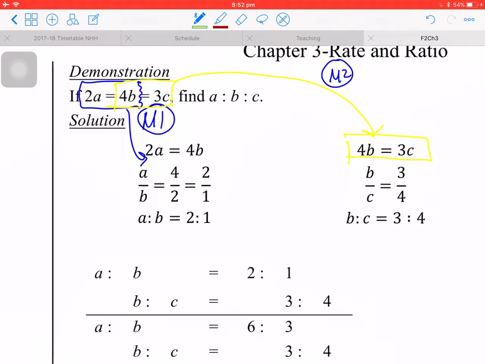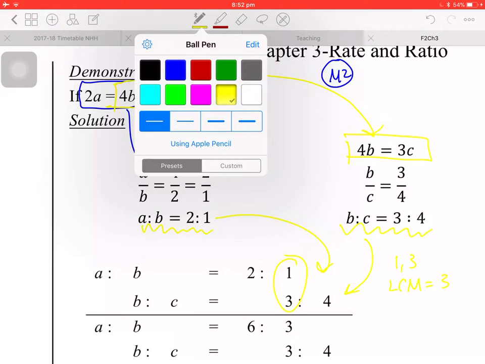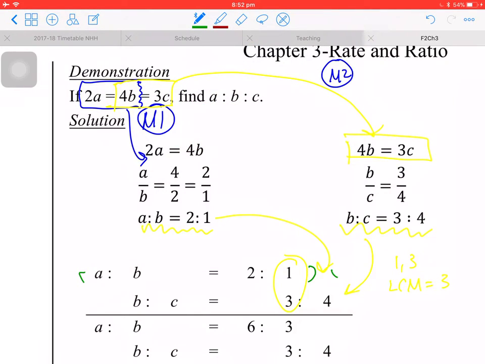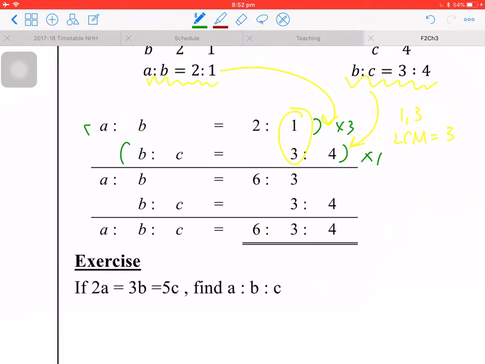So you have A to B and B to C. You draw the table like this, and for the numbers here, 1 and 3, the LCM will be 3. For the first row, you multiply by 3, and for the second row, you multiply by 1. So finally, you have your result, 6 to 3 to 4.